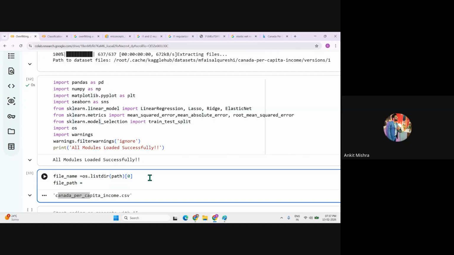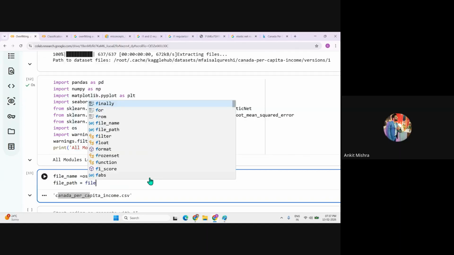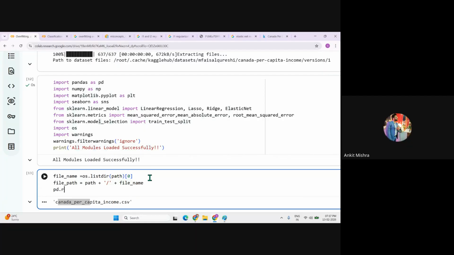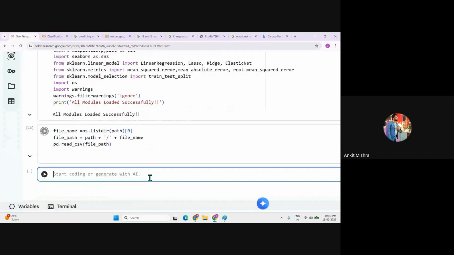Add the file path, the previous path we have, use concatenation with a forward slash, then the file name, and then read the data with pd.read_csv followed by the file path. Let me run this.